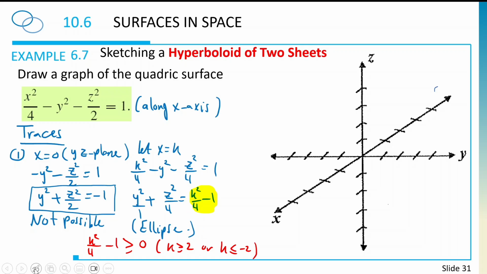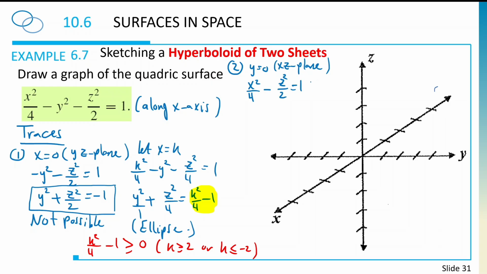Now let's continue with more traces. So this is only the first trace. I'll try the second one. When y is equal to 0, this is the one with the xz plane. So now I have x squared over 4 minus z squared over 2 equals 1.